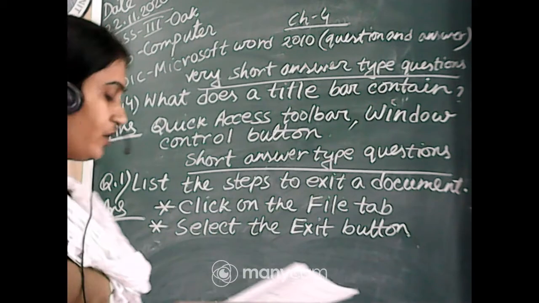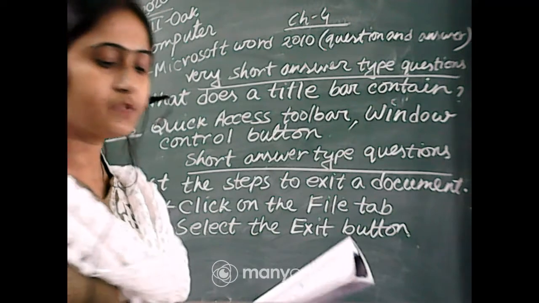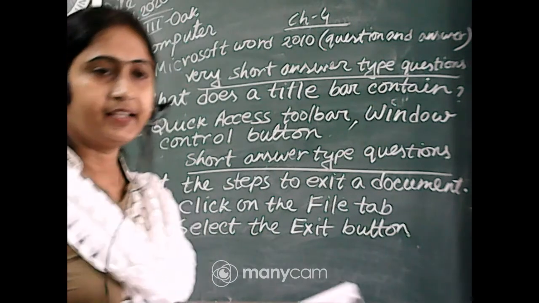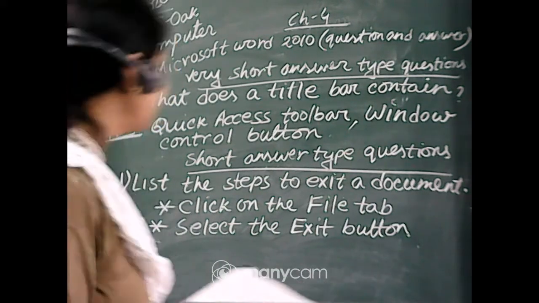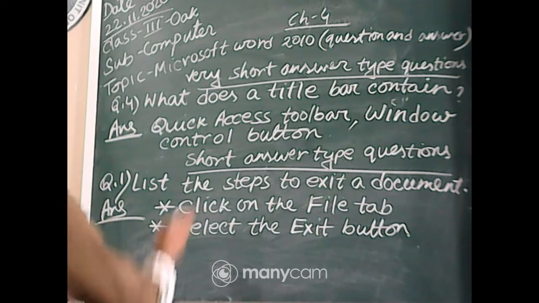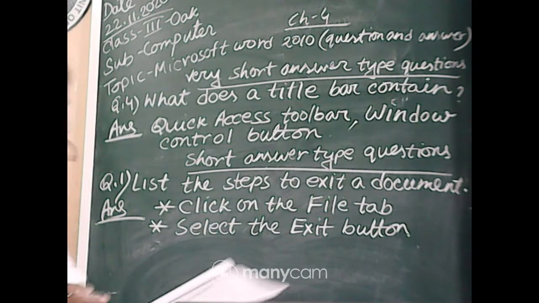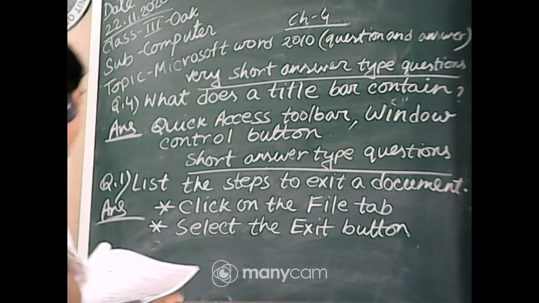And you can also exit MS Word by clicking the close button on the title bar. In the title bar there is a close button. You can click the close button. Click the file tab, and under it you just click on the exit button.